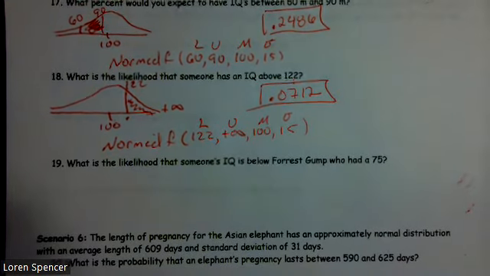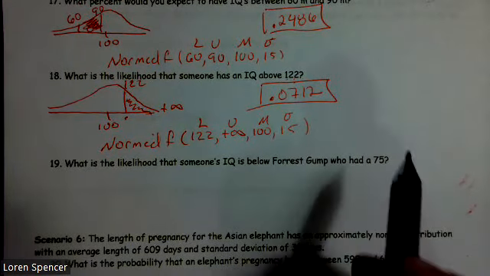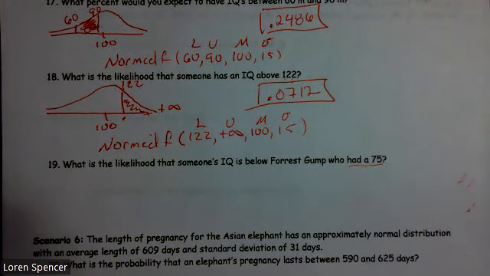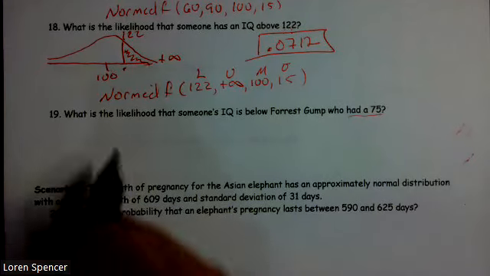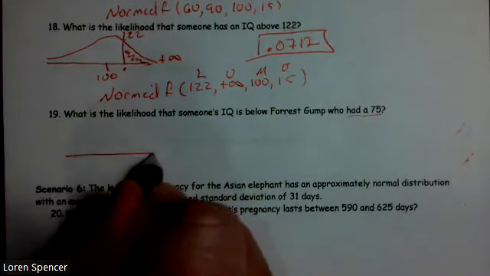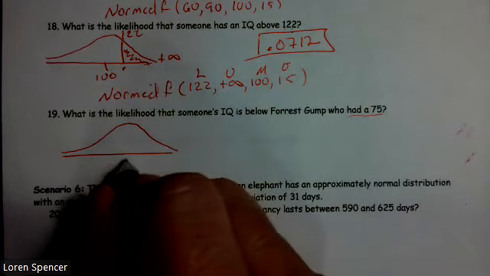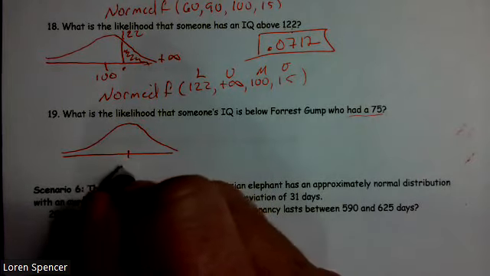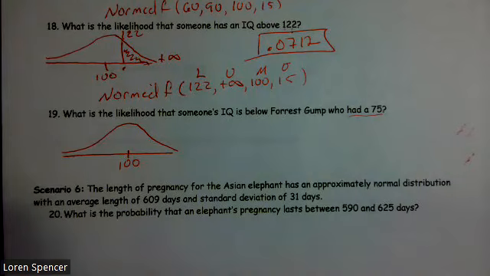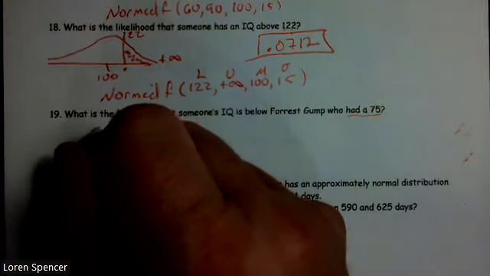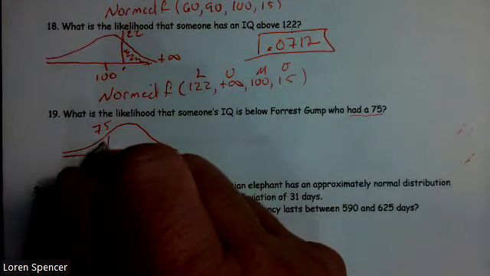What is the likelihood that someone's IQ is below Forrest Gump, who in the movie had an IQ of 75? So mean is still 100. We're still working with that standard deviation of 15. The IQ of Forrest Gump was 75, so that's below 100.